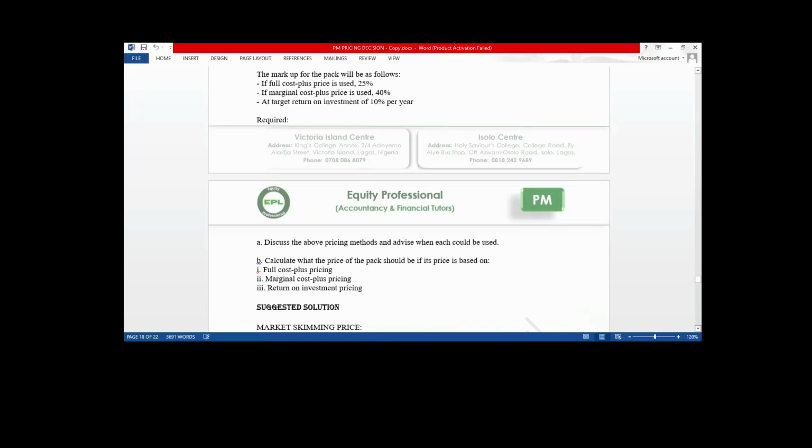Discuss the above pricing methods and advise when each can be used. Part B of the question: calculate what the price of the pack should be if its price is based on 1, full cost plus pricing, marginal cost plus pricing, and return on investment pricing.